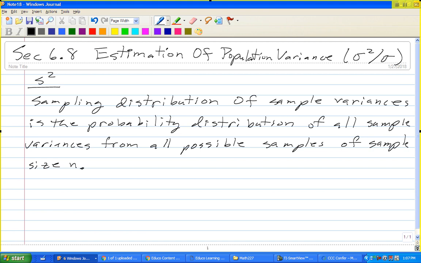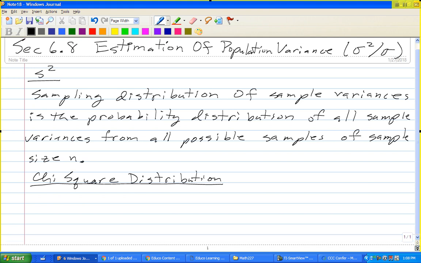Okay, so we're going to introduce yet another distribution, the chi-square distribution. It turns out if you look at the sampling distribution of the sample variances, it will follow what's called a chi-square distribution.